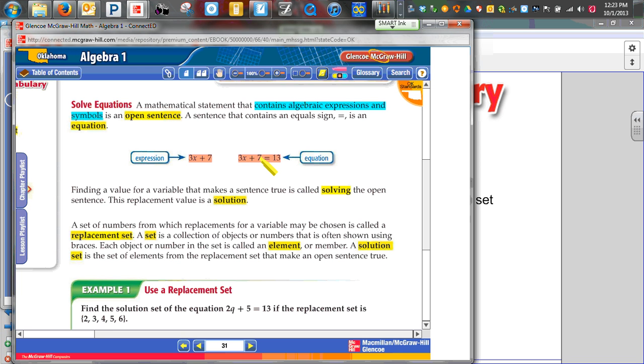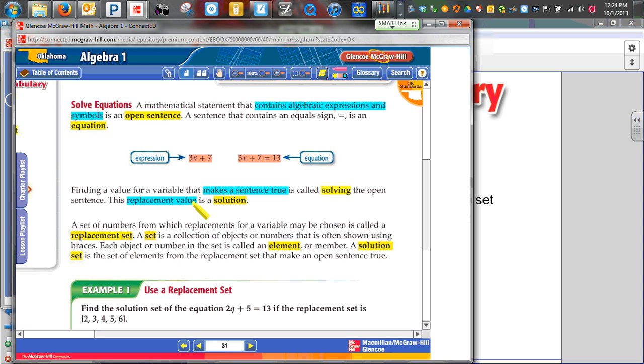Okay, finding the value for a variable that makes the sentence true. What can I put right there? Makes the sentence what? True, good. The replacement value is a solution.